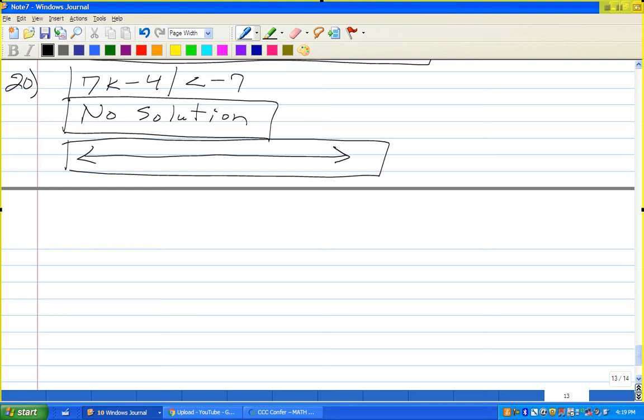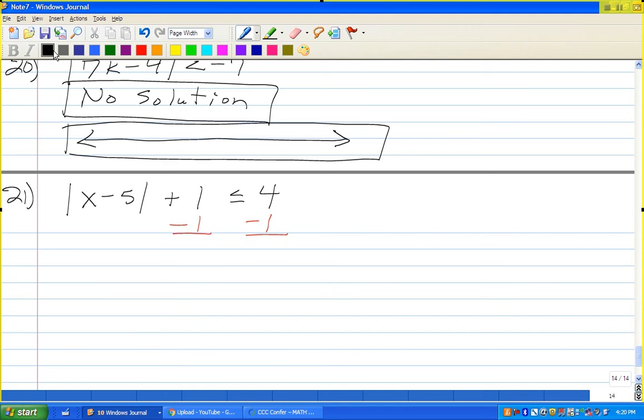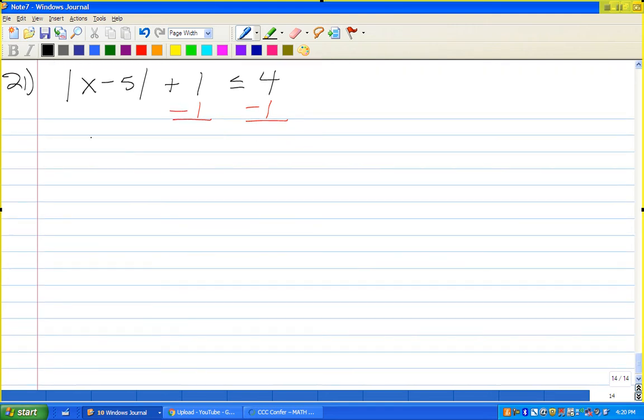Problem 21. Absolute value of x minus 5 plus 1 is less than or equal to 4. Okay, let me subtract 1 from both sides of my inequality. So x minus 5 in absolute value is less than or equal to 3.